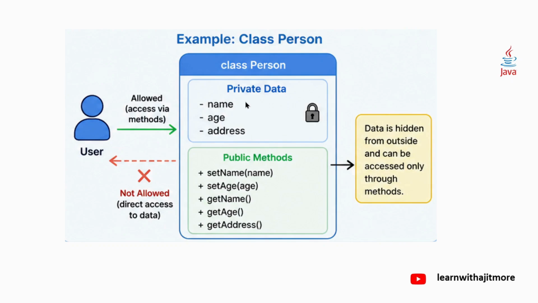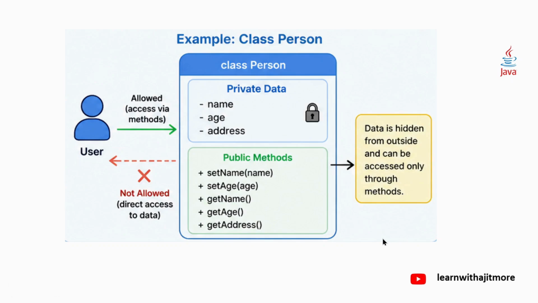Data abstraction is also there and logic abstraction is also there. Remember, both are there. Logic abstraction means what business logic is implemented, what formulas and calculations, the outside world doesn't know. They only call the method and take the benefit of it.